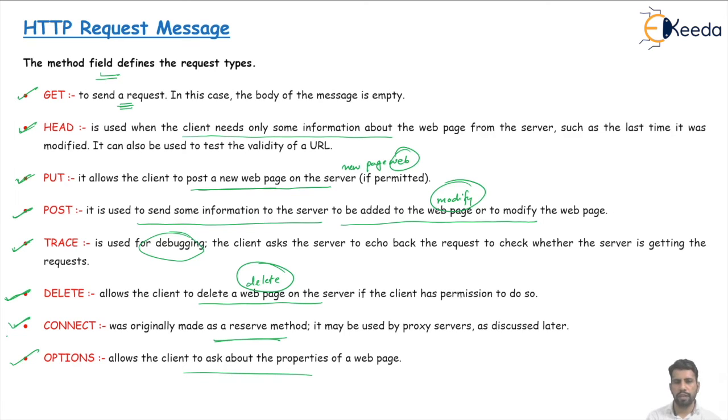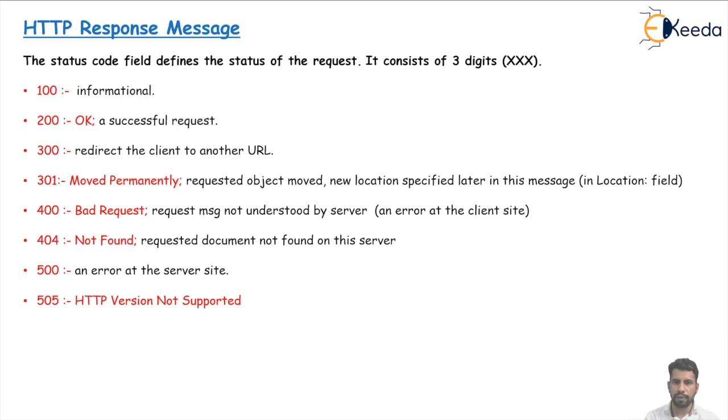Status code is very important in the response message, because the HTTP server sometimes finds the requested web page, sometimes not, or the address given by the client to access the web page is not a correct path, or the HTTP client sends a request and that request is successful and the server sends a successful response to the client. So these types of things happen in the response at the server side.